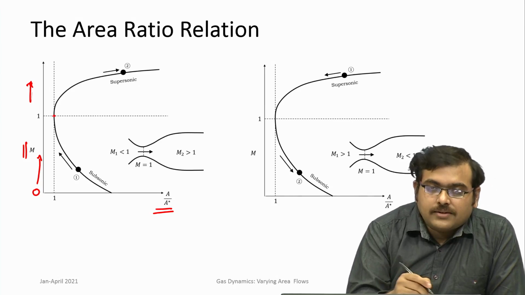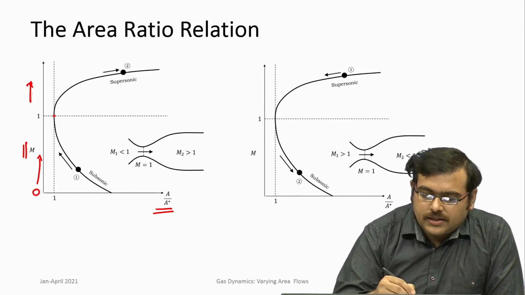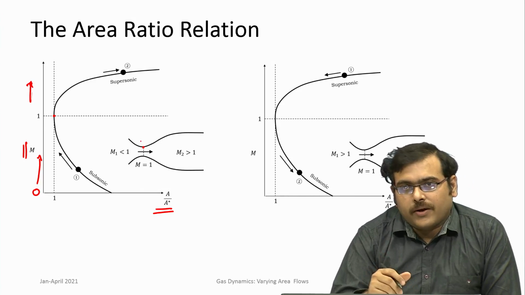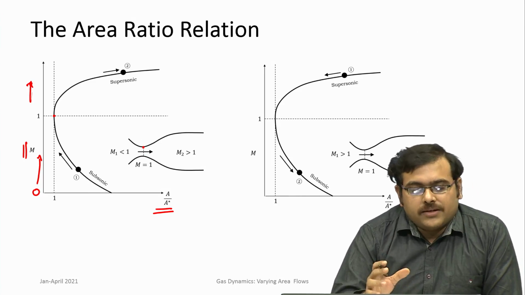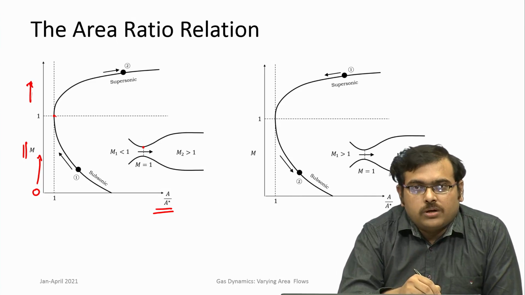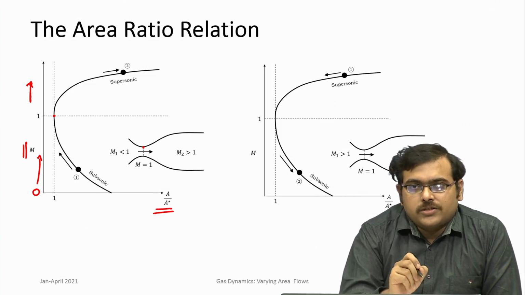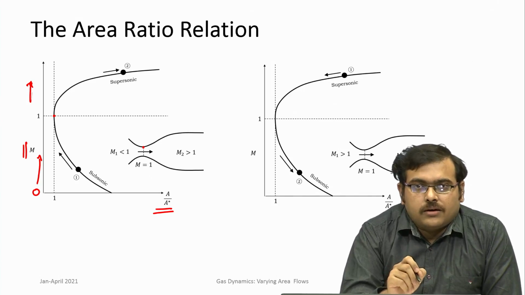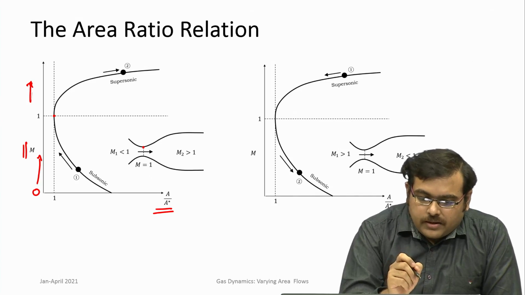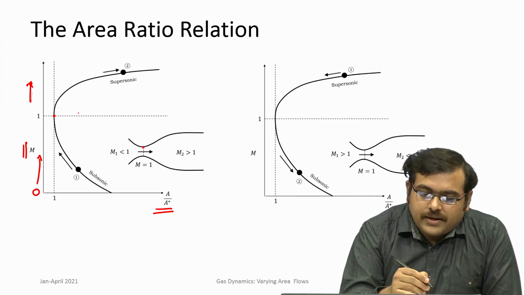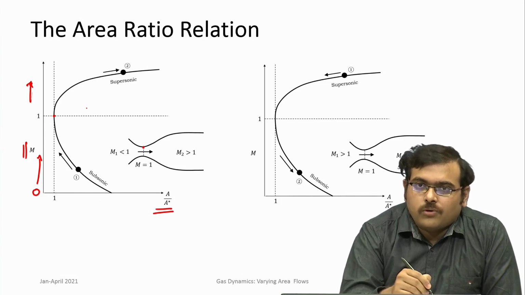So if you consider a varying area duct in general, then the point where the area reaches a minimum is where you expect Mach number to be equal to 1. The expectation is that Mach number reaches 1 at the minimum area point. Now, this figure also gives us an idea on how to understand the behavior of flows.